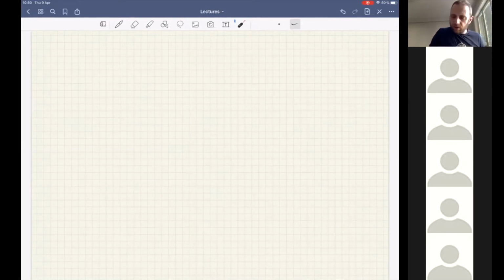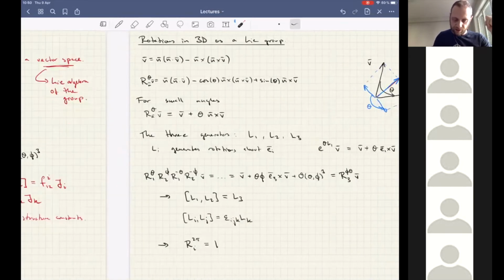Now, I wrote down an exercise here. We're not going to have time to do it online, but it can be good for you to do it as an exercise, since there are no exercise classes in this extended course: to compute, in 2 dimensions, the commutators between the generators of the 2-dimensional translations and rotations.